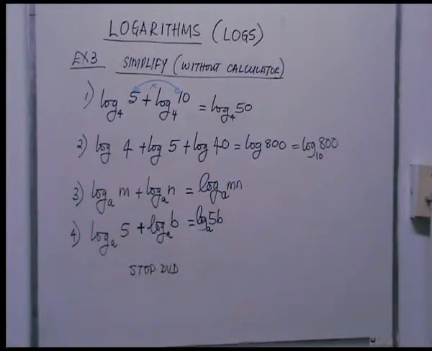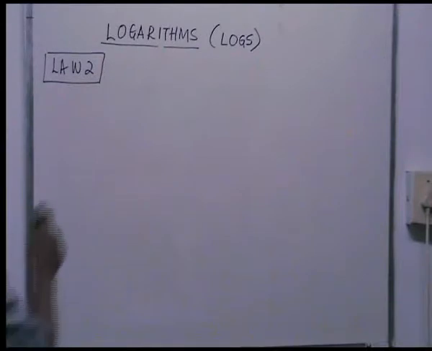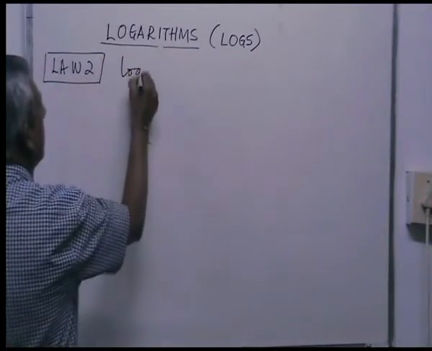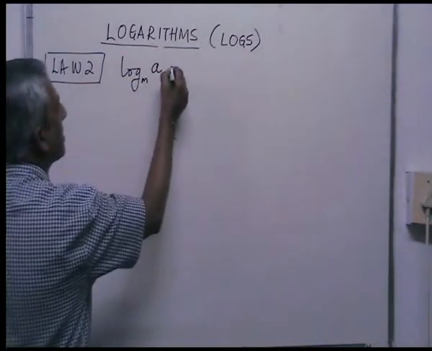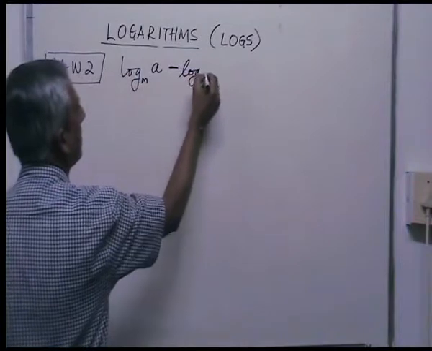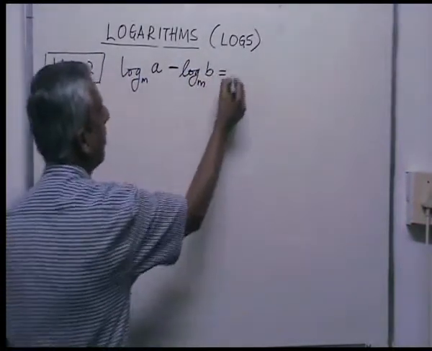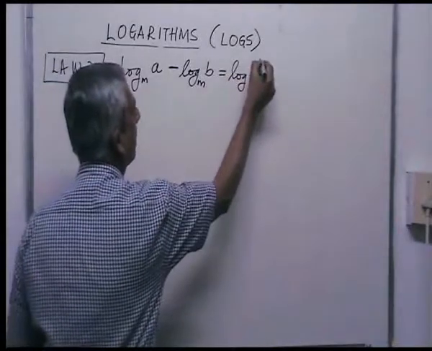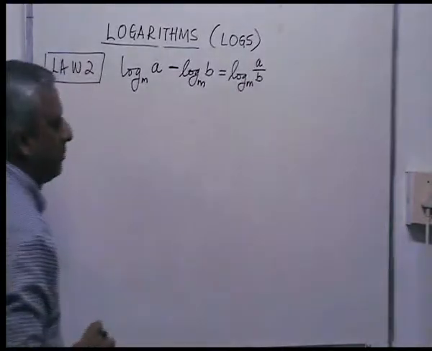Now we're going to move on to law number 2. Alright, law number 2 in logs states that log of a to the base m minus log of b to the base m is equal to the log of a over b to the base m.